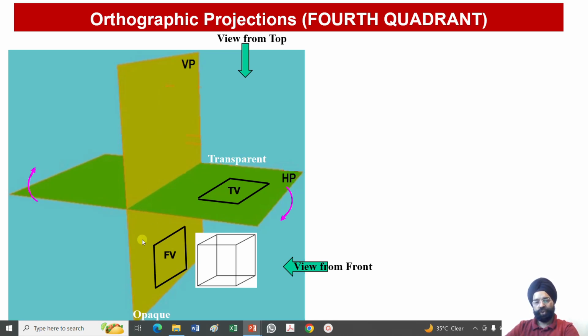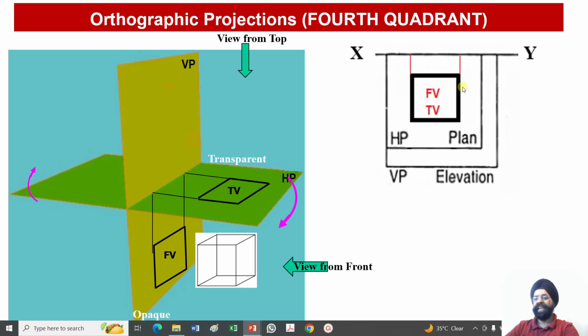And again, if I assume that this distance from HP and from VP are equal, once again it will lead to complete merger or overlap of the front view and the top view. So again, complete overlap. If this distance is equal to this distance, what is this? The distance of the object in front of VP and the distance of the object below the horizontal plane. If they are equal, they will overlap.